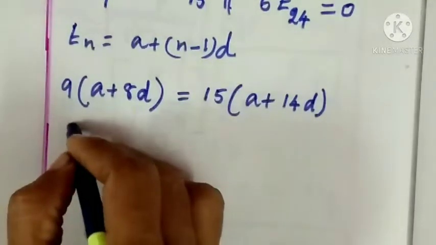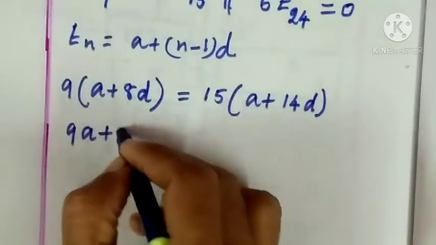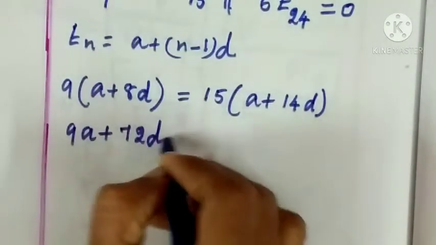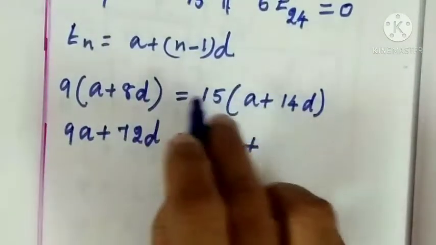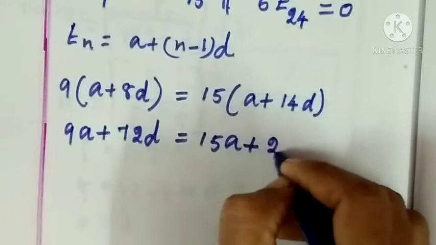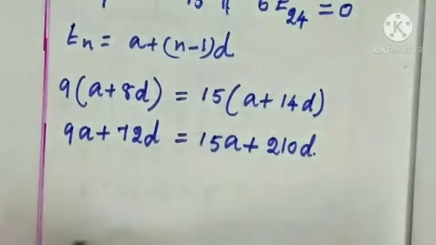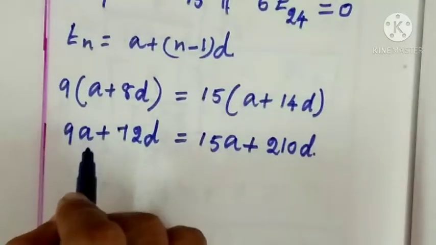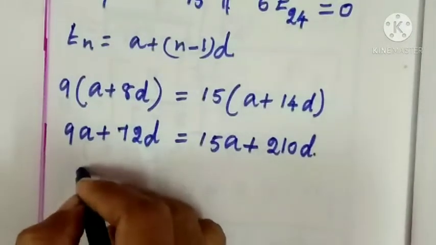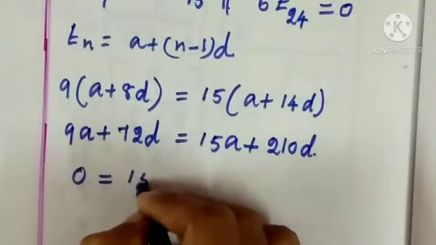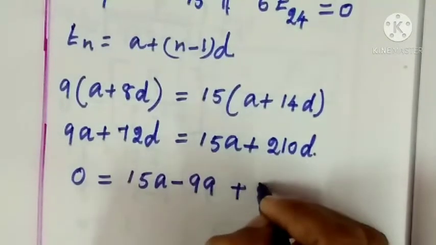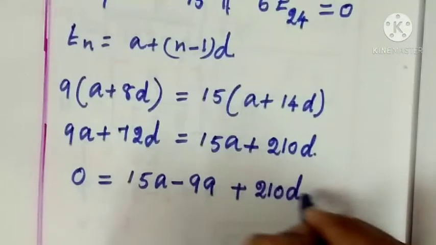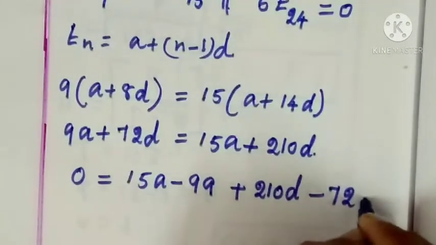Now simplify this, and we get 9A plus 72D is equal to 15A plus 14 into 15, which is 210D. Now it can be written as 0 is equal to 15A minus 9A plus 210D minus 72D.